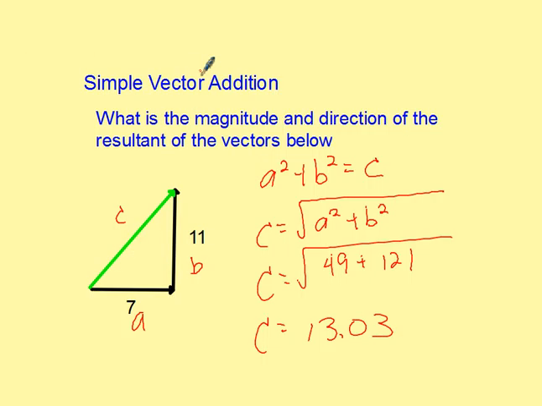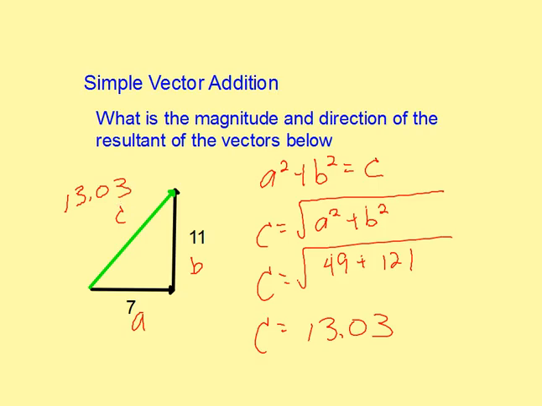I didn't specify what these vectors represented, so it could be a velocity, it could be a displacement, or any of those types of things. So this hypotenuse is 13.03 units of whatever they are.